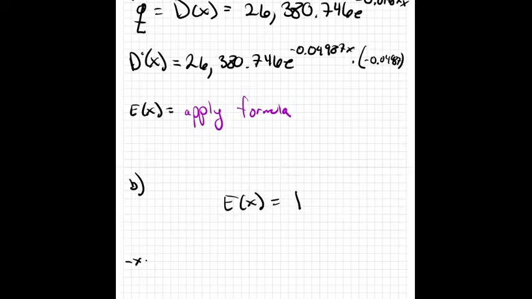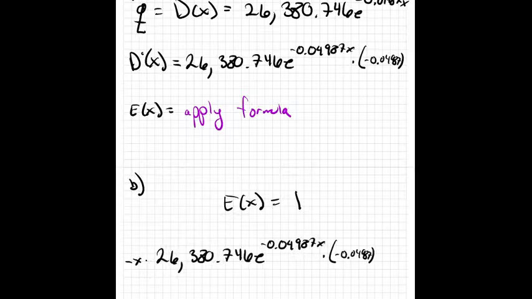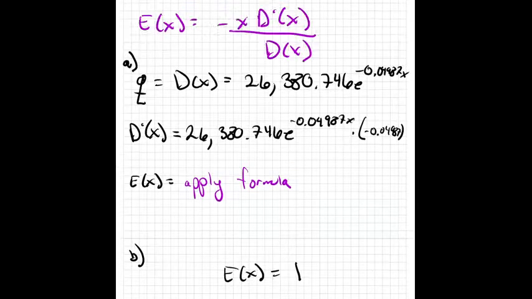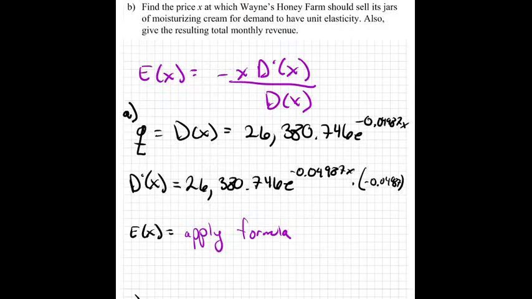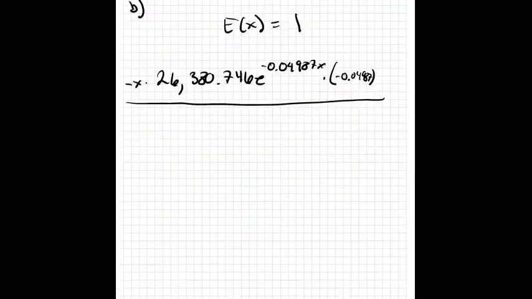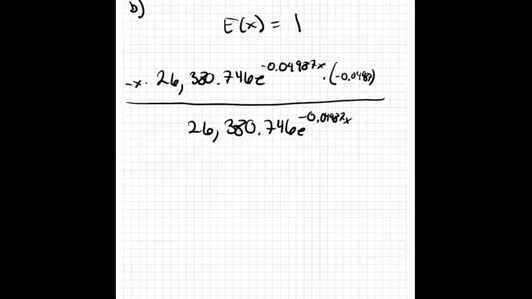We're going to say negative x times this divided by the original. So all of that over the original, I'm just going to copy and paste that as well. So we said negative x times d prime over d. We need that to equal 1 and solve.